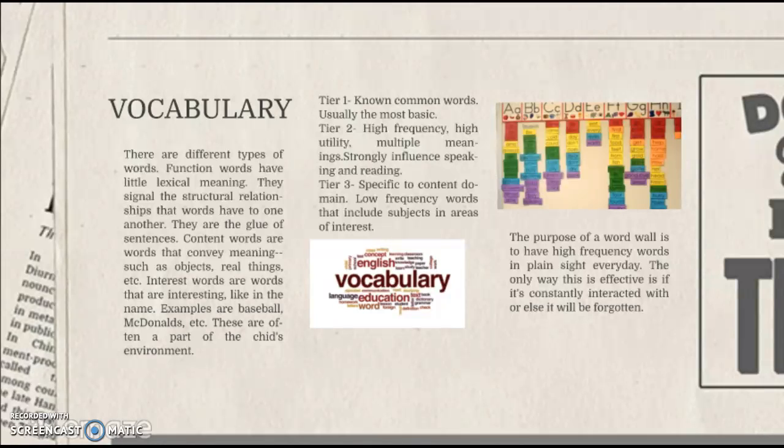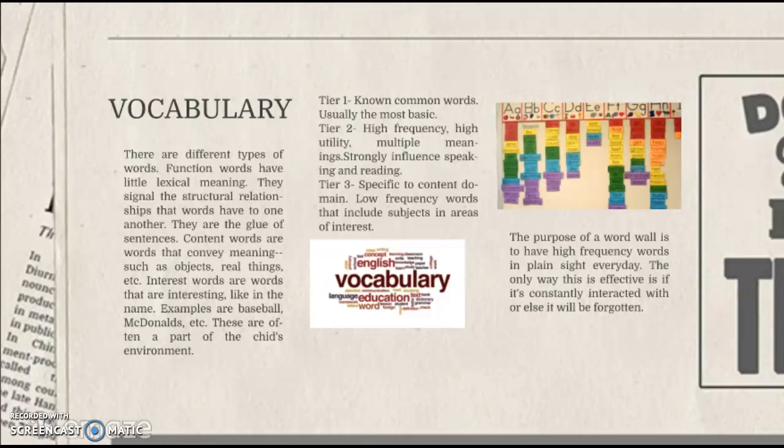Then we also have tiers, and tier 1 is known common words, usually the most basic. Tier 2 is high frequency, high utility, multiple meanings, strongly influence speaking and reading. Tier 3 is going to be specific to content domain, low frequency words that include subjects and areas of interest. Moving on to word walls, the purpose of a word wall is to have high frequency words in plain sight every day.